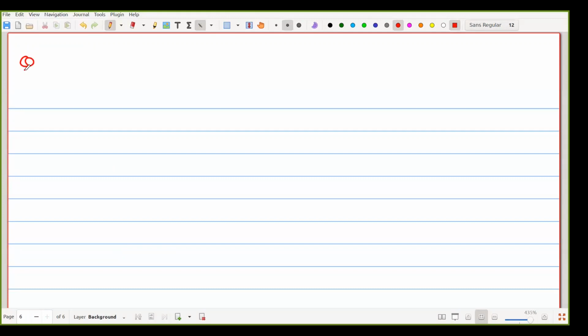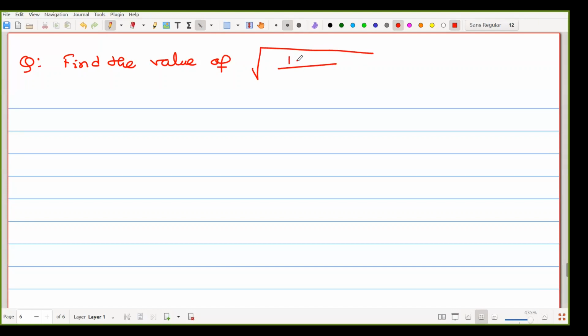Suppose another problem. Find the value of square root of 1 minus sine theta divided by 1 plus sine theta. So here square root of 1 minus sine theta divided by 1 plus sine theta.